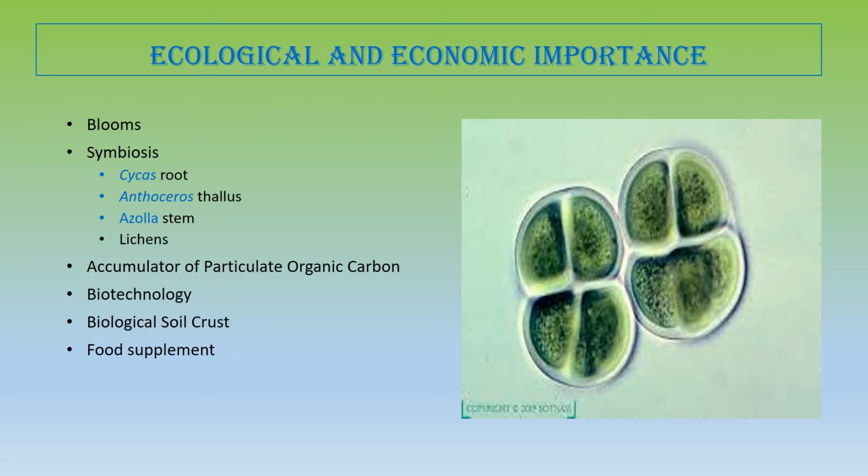In the Anthoceros thallus, a bryophyte, the Anthoceros thallus provides carbohydrate to the Anabaena, and Anabaena in turn provides the nitrogen fixates, that is ammonium salts, to the Anthoceros thallus.